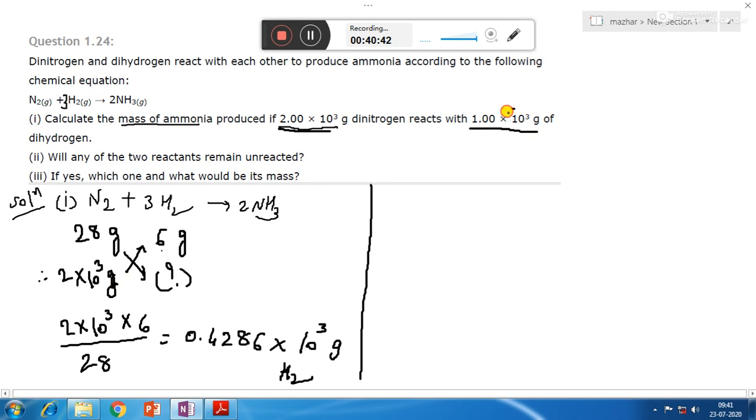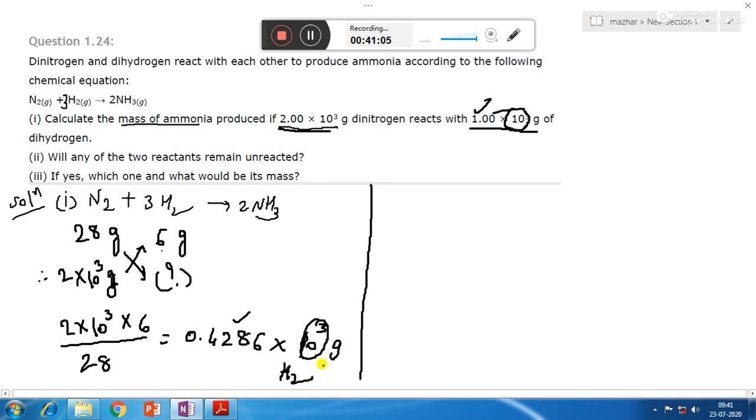Now 10 raised to 3 is the same in both the cases. So just you have to compare the first number, that is 0.4286 should react, but given is 1 into 10 raised to 3, so the given amount is more than the required amount of hydrogen.